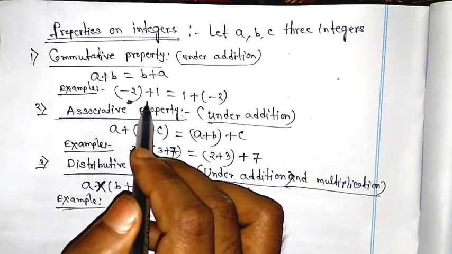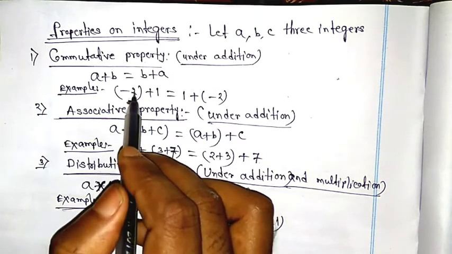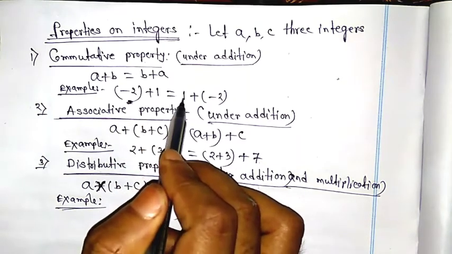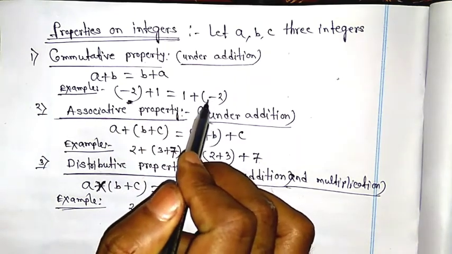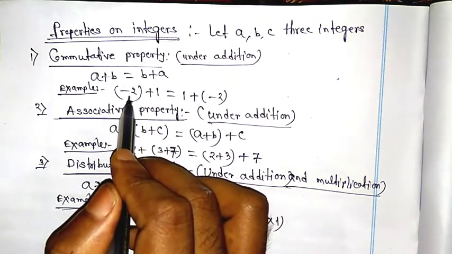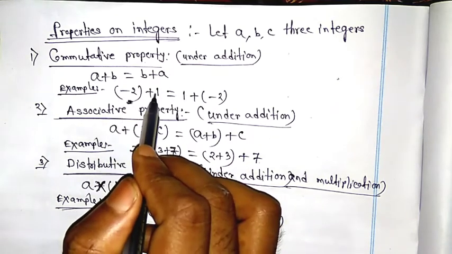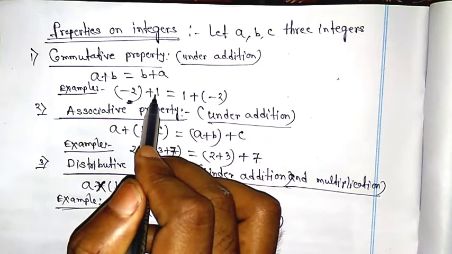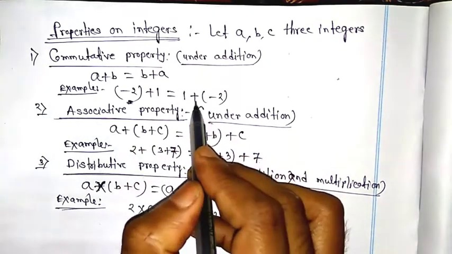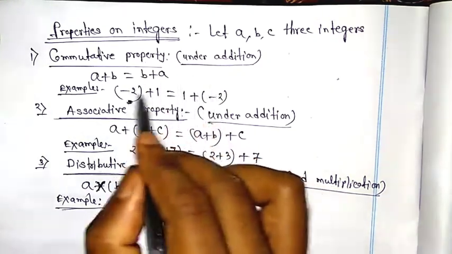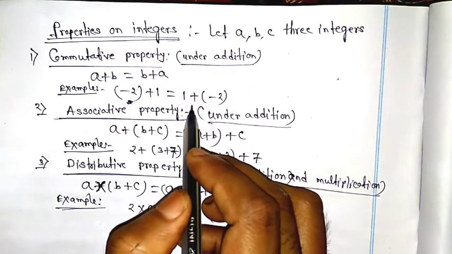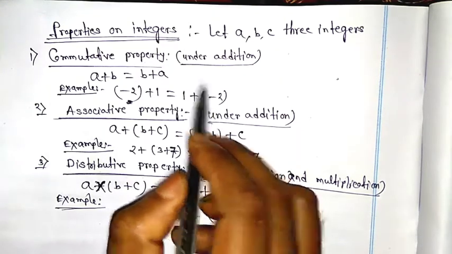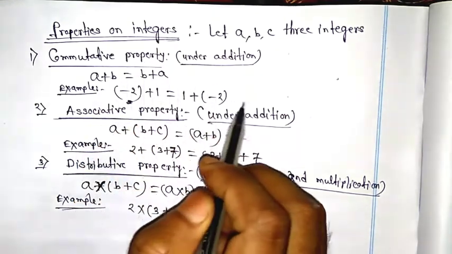It does not matter whether we add minus 2 and 1 or 1 and minus 2, the resultant will be the same. This property is called the commutative property.